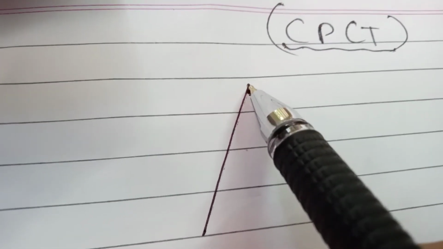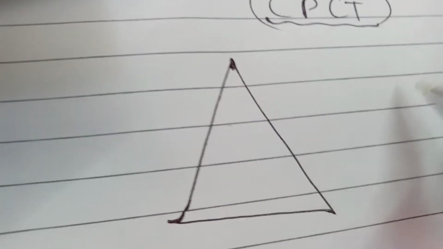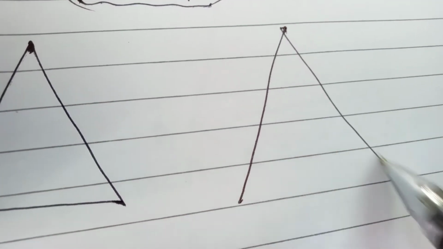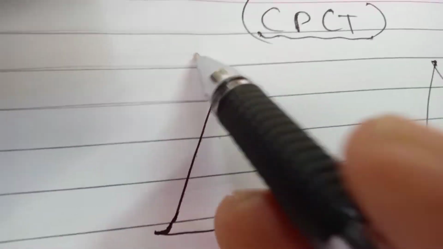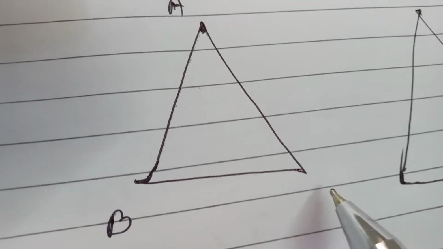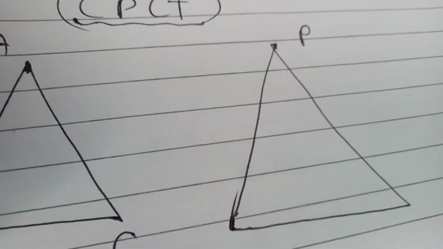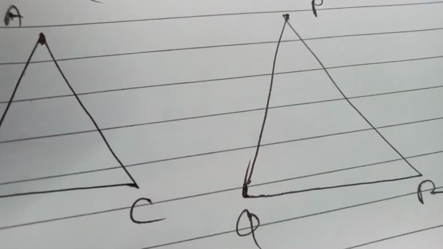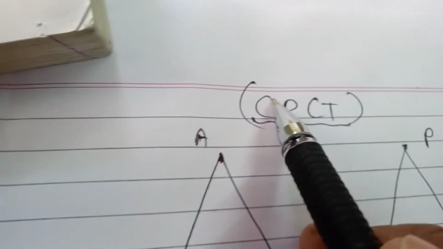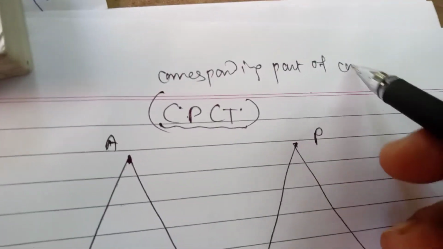Suppose we have to prove that two triangles are given, ABC and PQR. Guys, I am going to tell you about the word CPCT, that is, corresponding parts of congruent triangles. What does it mean? Corresponding parts of congruent triangles.